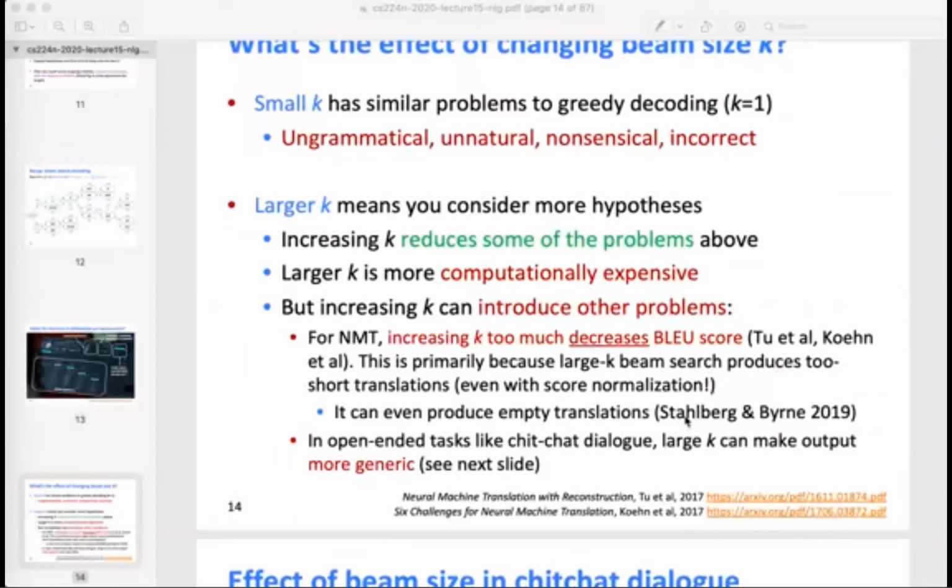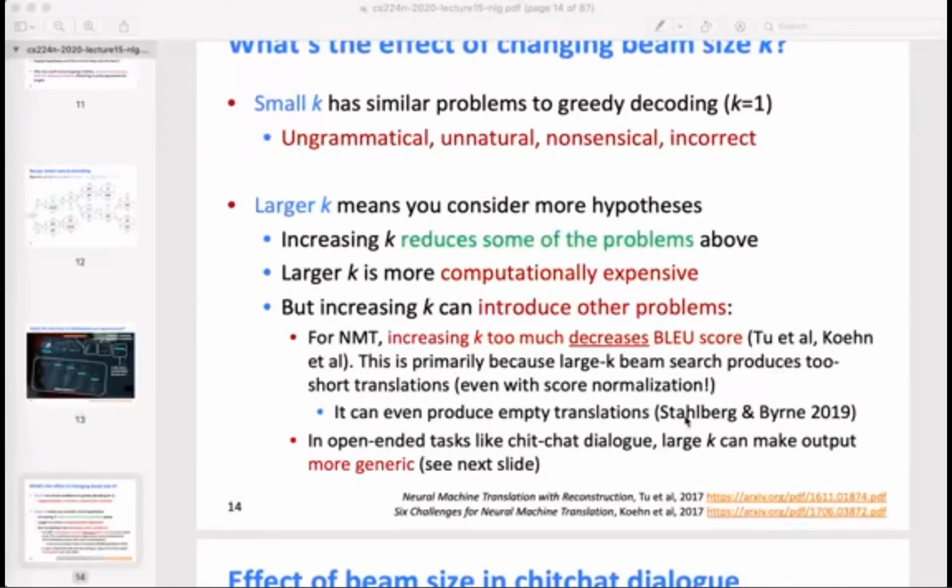For example, for neural machine translation, increasing k too much will decrease the BLEU score. It's primarily because if you have a larger k, the beam search will have more candidates to choose from, right? And normally, the shorter responses are the safer choices.